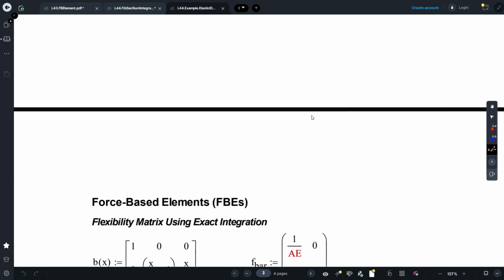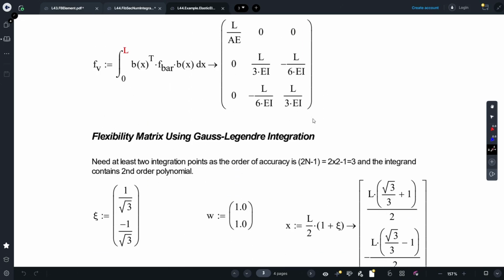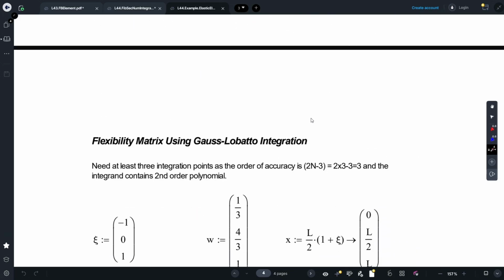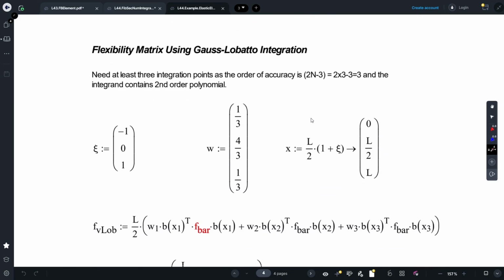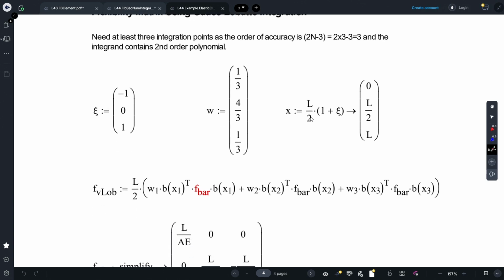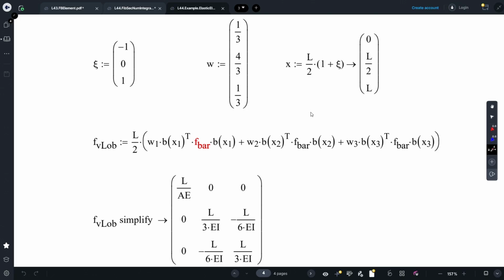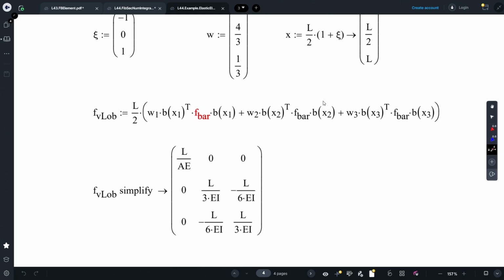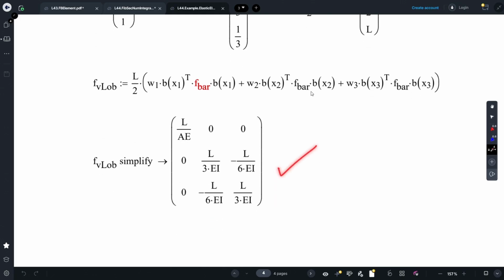Now, let me go to the force based element. Okay. So, for the force based element, we have to get the flexibility matrix. So, if the stiffness matrix is obtained correctly, then flexibility will also be obtained correctly. So, this is psi w and x, and you compute this. I will share this PDF file with you, so that you can spend more time on this and you are getting exactly the same answer.